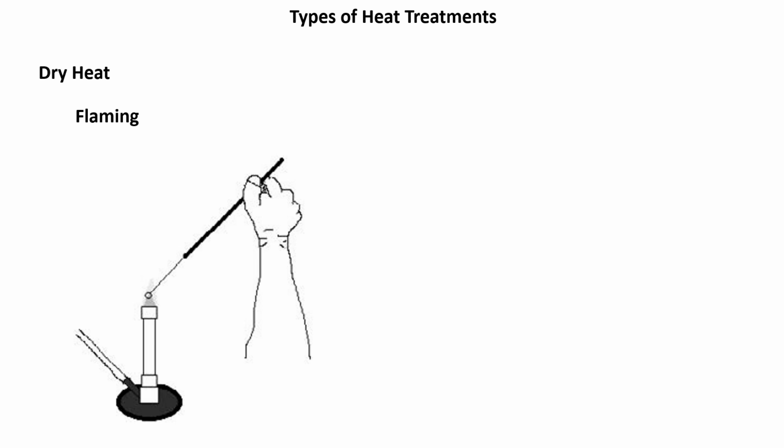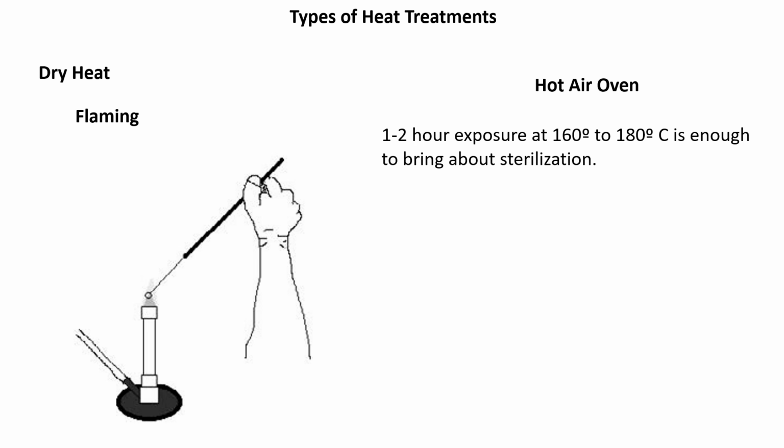The next method of dry heat is hot air oven. Dry heat is sometimes recommended for sterilization where the moist heat can spoil the materials like oils, powders, etc. The apparatus used is a hot air oven and can be routinely used for sterilizing glasswares like petri plates, pipettes, etc. A 1 to 2 hour exposure at 160 to 180 degrees is enough to bring about sterilization.